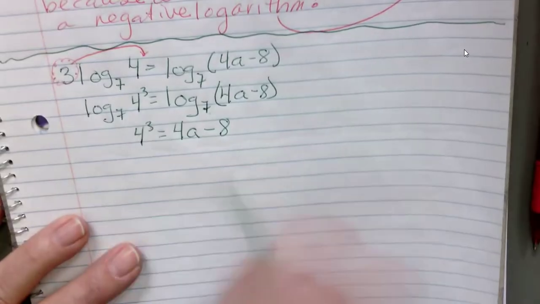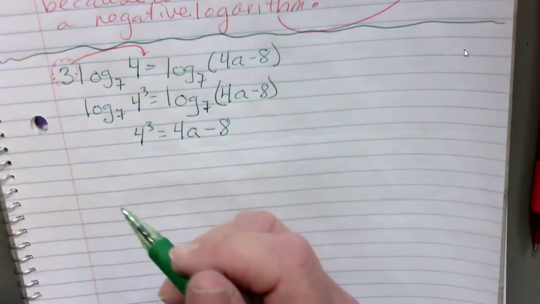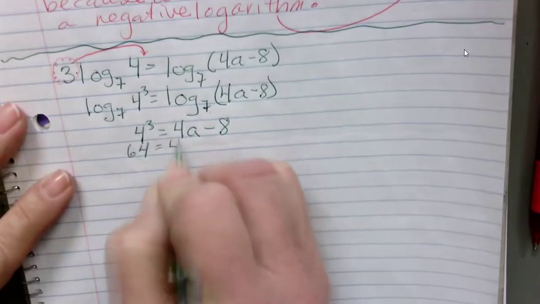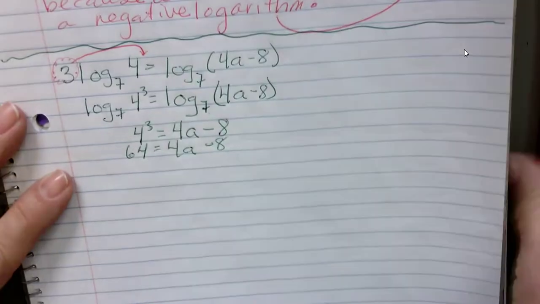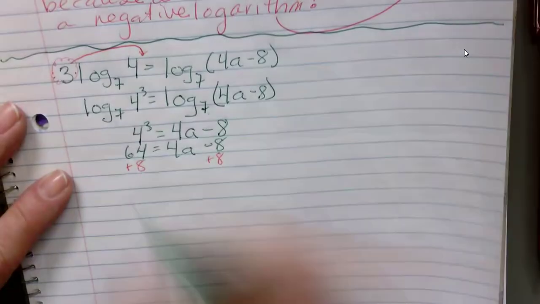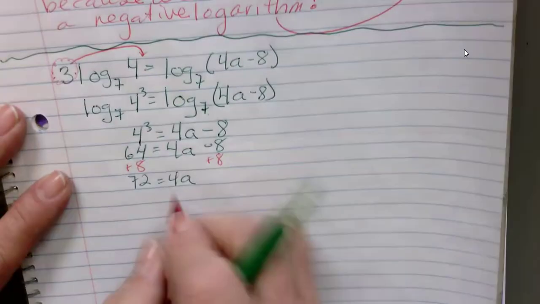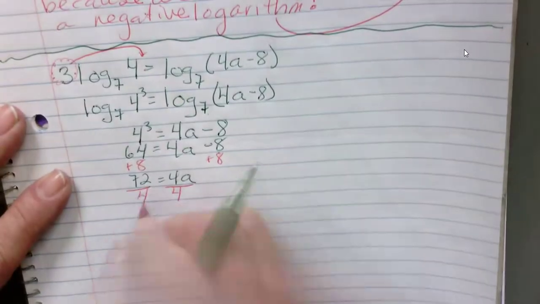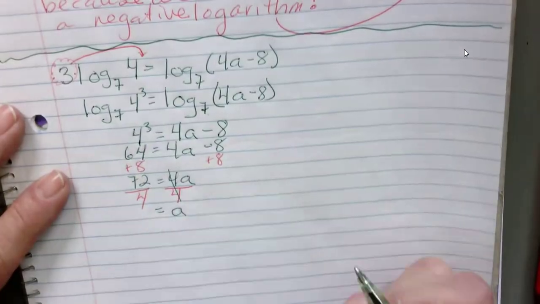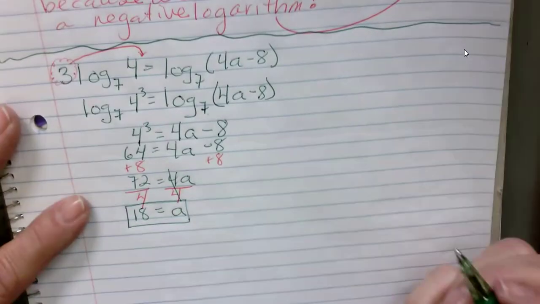You can either look back a few pages in your notes, or you could do it on a calculator, but 4 times 4 is 16. 16 times 4 is 64, equals 4a minus 8. Then I can add 8 to both sides. That'll give me 72 equals 4a. Then we divide by 4 on both sides. This is beautiful because 4 divided by 4 is 1, so I get 1a. 72 divided by 4 is 18. Awesome. So that is our answer.